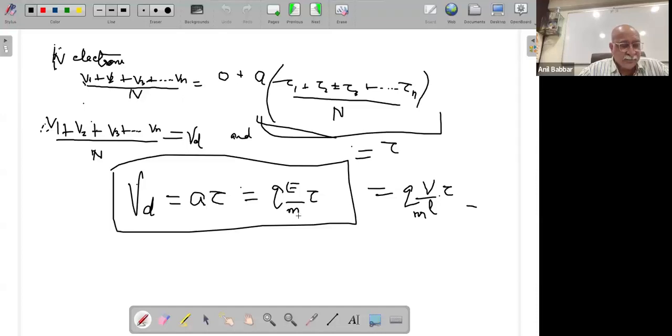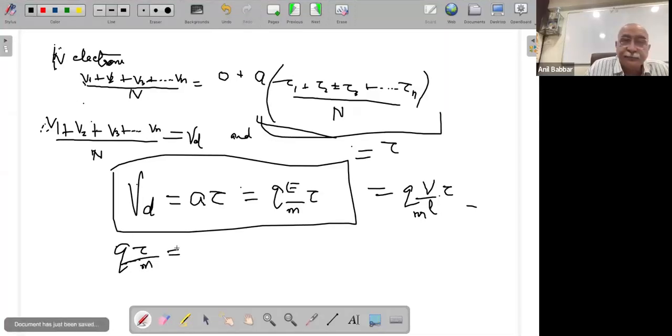If this remains constant, then let us denote Q tau by m, which is equal to a constant, by another factor, say mu.